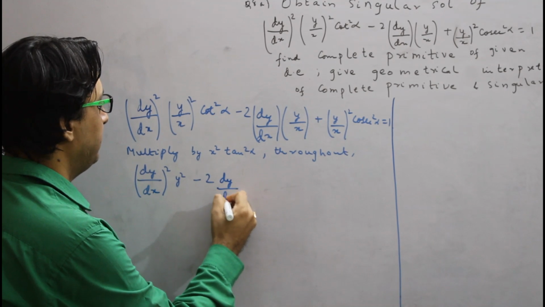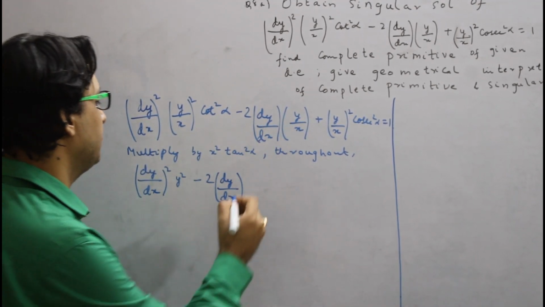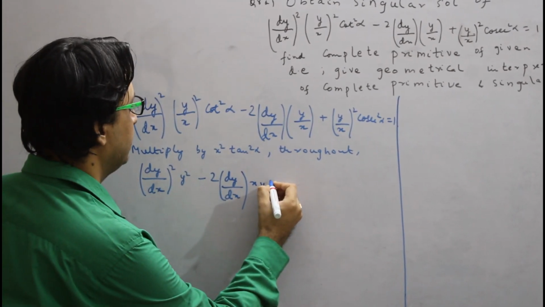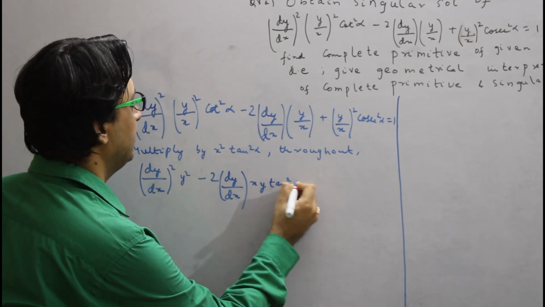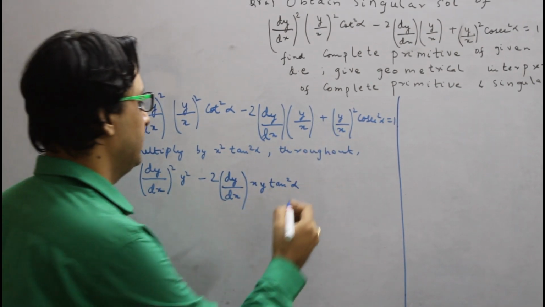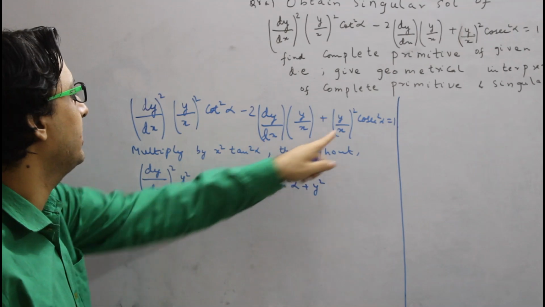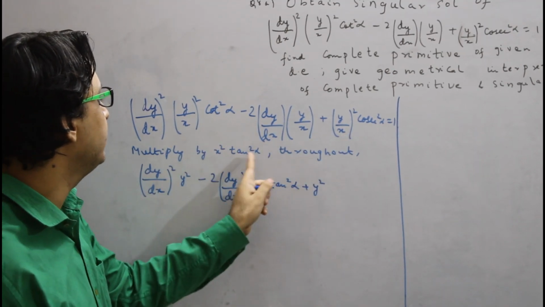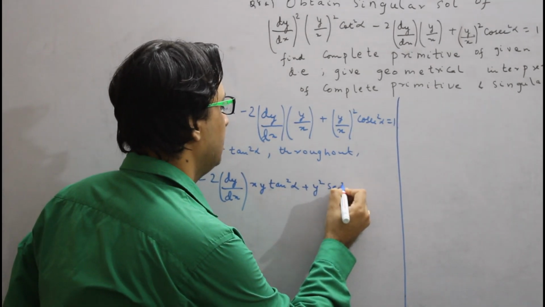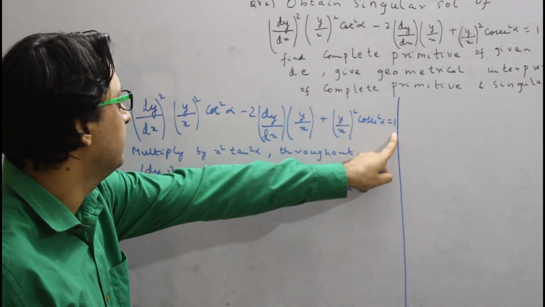This is 2 dy/dx, I can write x² so this becomes x y, and here we can write this as tan²α, plus over here we can write this as y², x² and x² get cancelled, and tan²α and cos²α is our sec²α, is equal to, we have to multiply here also.